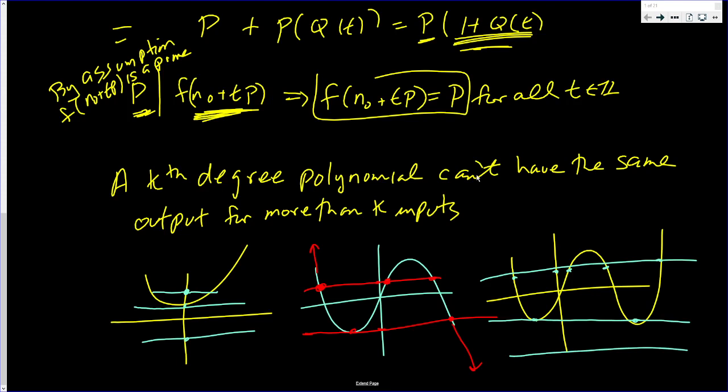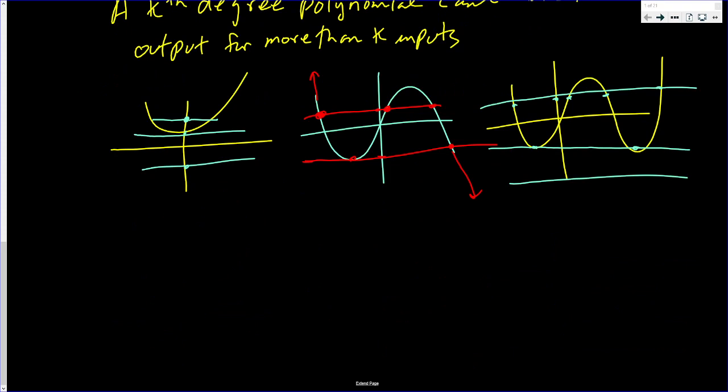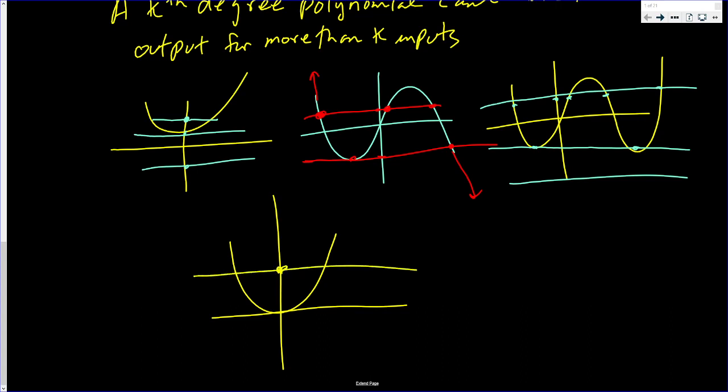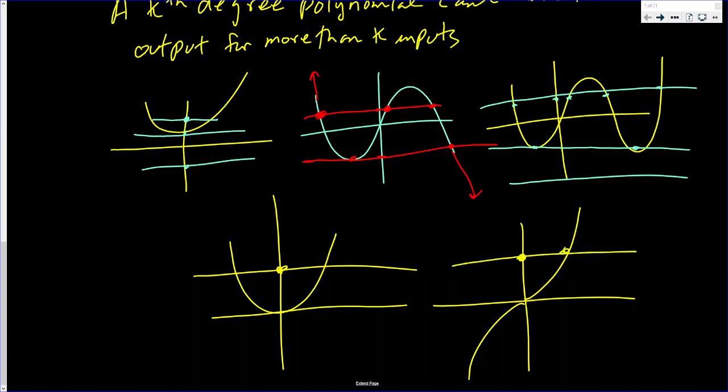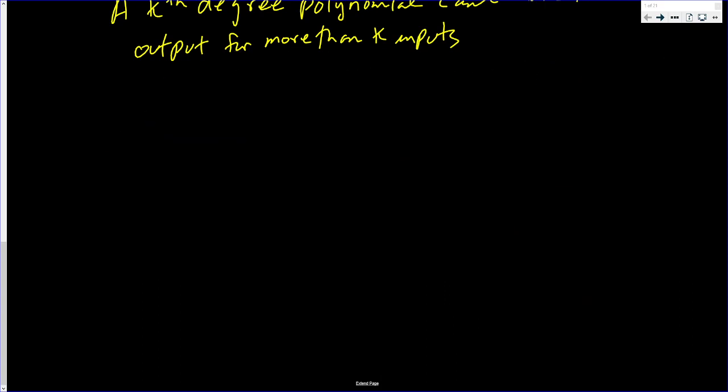Just for the record, a fourth degree polynomial can look just like that, and it can take on this value 2 times, never more than 4. Just like a cubic equation, like y equals x cubed, it only takes on a value 1 time, but never more than 3. Okay, but we have a slight problem here.